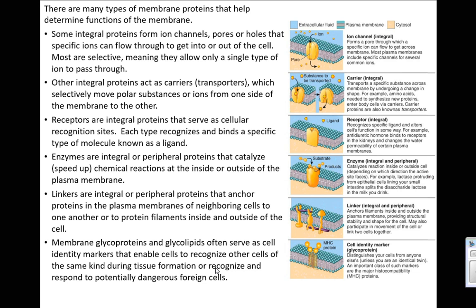Because the phospholipids have those nonpolar tails, not anything can just pass directly into or out of the plasma membrane, just like we can't just pass directly through this wall like a ghost could. To get in and out of this room, we have to go through the doorway.